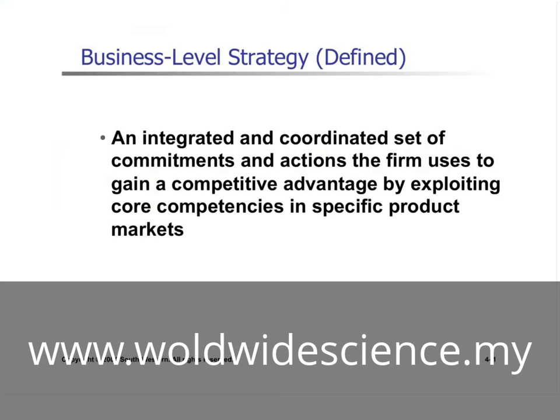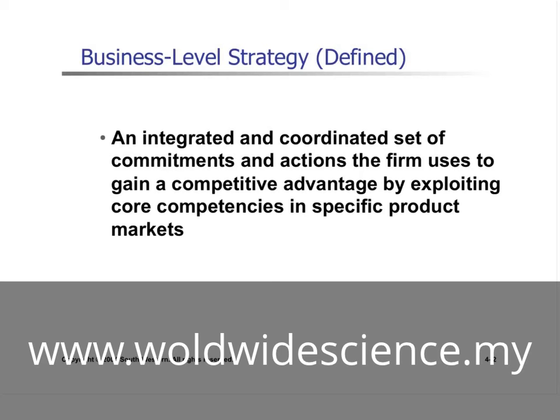So by business level strategy, the definition is an integrated and coordinated set of commitments and actions the firm uses to gain a competitive advantage by exploiting core competencies in specific product markets. So it's a set of commitments, basically actions from the firm, that the firm uses to gain competitive advantage.